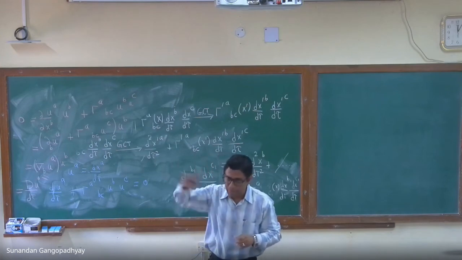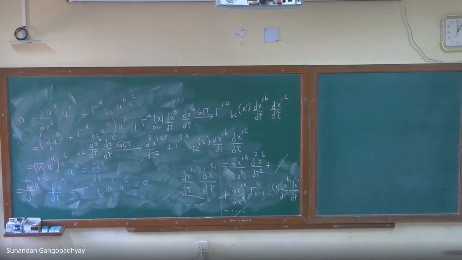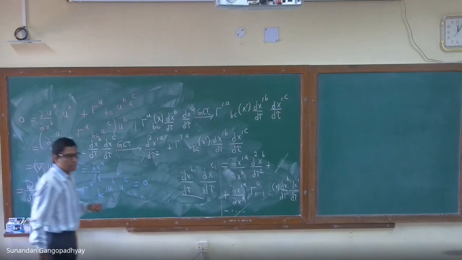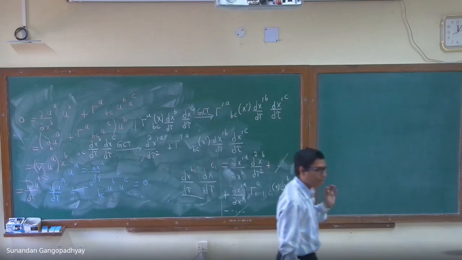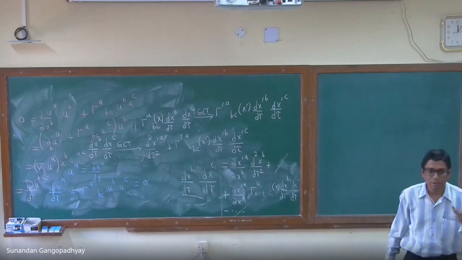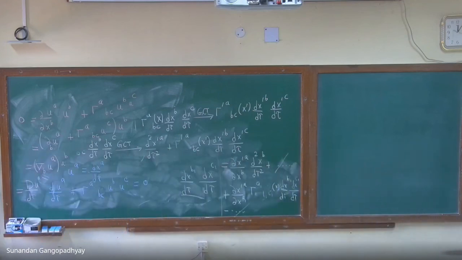Now you are parameterizing it by the proper time for massive particles. For massless particles, you cannot parameterize it with the proper time; you have to use a different parameter. So far, let us discuss massive particles. I will come to the massless particles. So the geodesic equation is basically this: UV grad B UA is equal to 0.